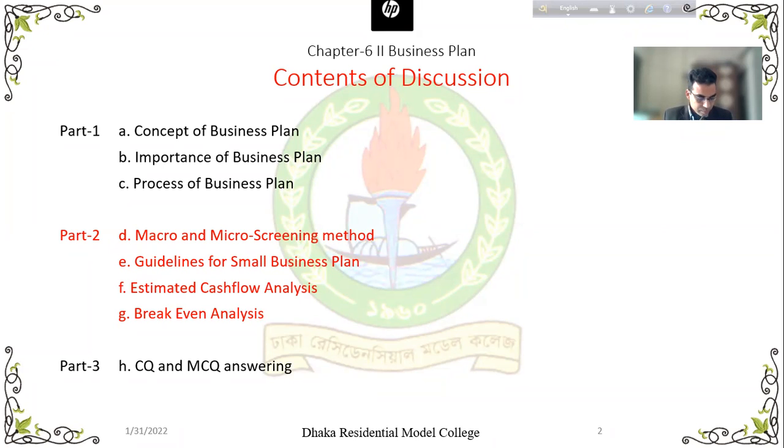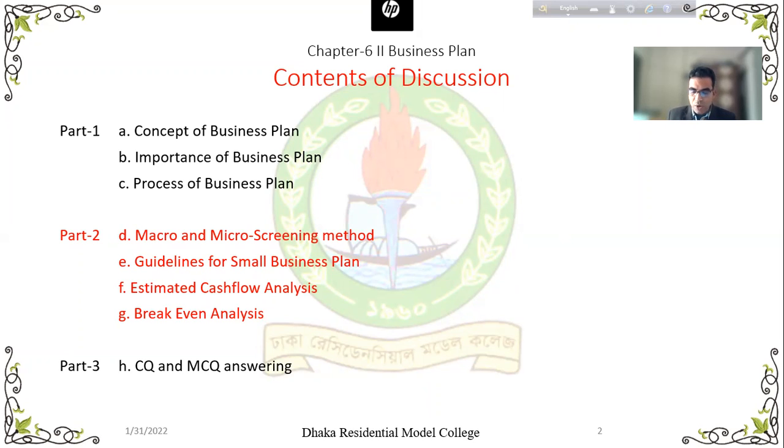There are three steps or processes of a business plan. The steps are: number 1, identifying the project concept; number 2, evaluation of the concepts and selection of the project; number 3, submission of the business project report.